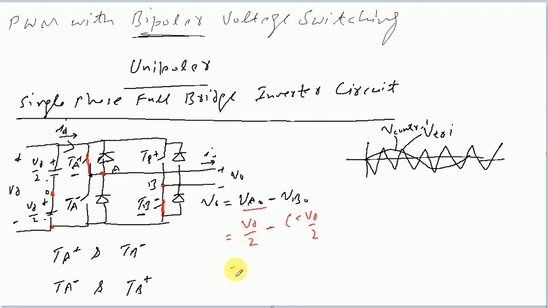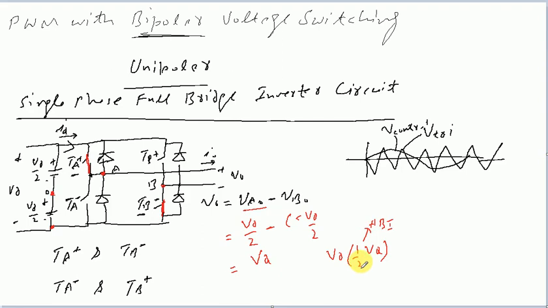Now if we take the difference of these two, that gives us an output voltage equal to VD, which is double that of what we had in the single leg inverter or half bridge inverter circuit.